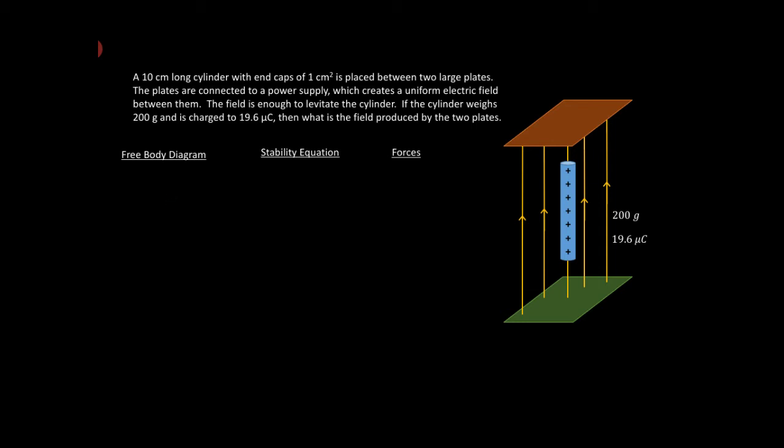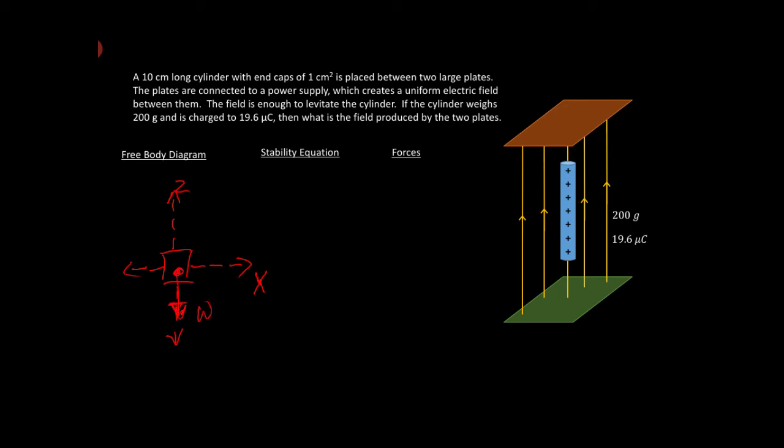So the free body diagram has some axes like this. Okay, and let's call this the x-axis. This is the z-axis. It's going to have weight.